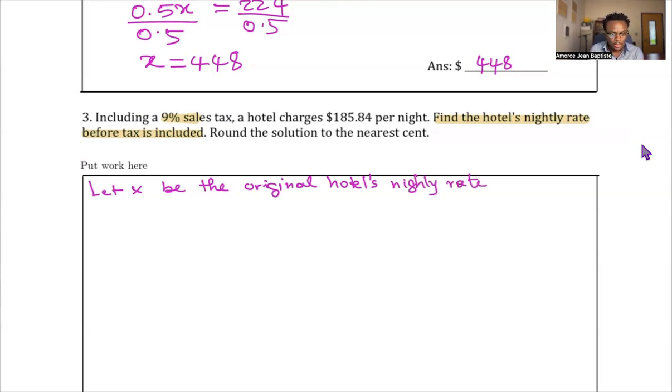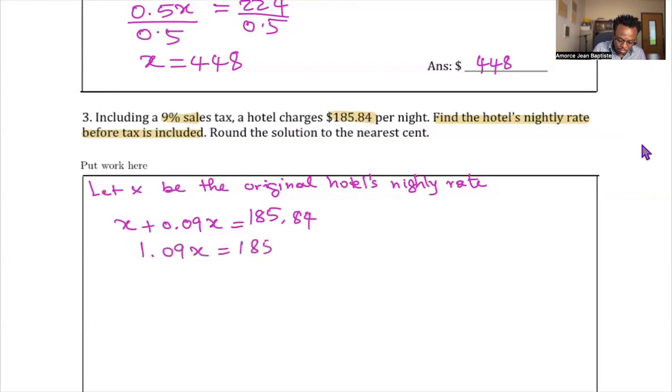So with that said, this 185.84 is the tax, 9% tax, plus the original nightly rate. So basically it's the original nightly rate X plus 9% of X. 9% of X is 0.09, or 9 divided by 100, times X. So combine this, that's 1.09X equals 185.84.